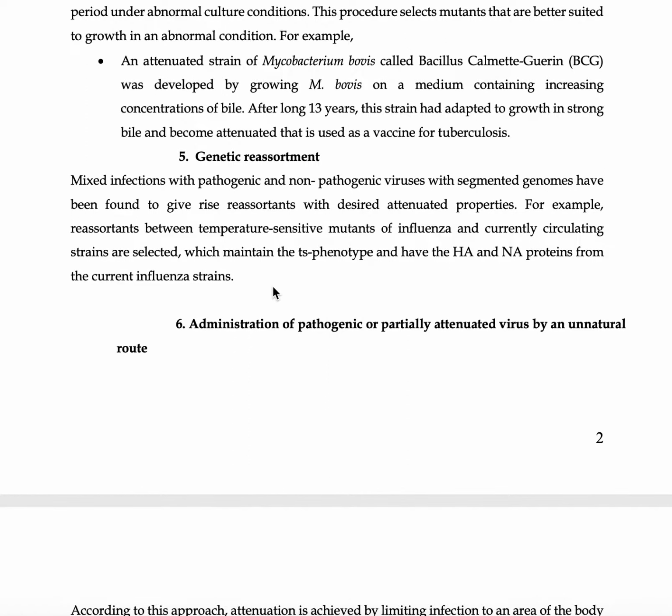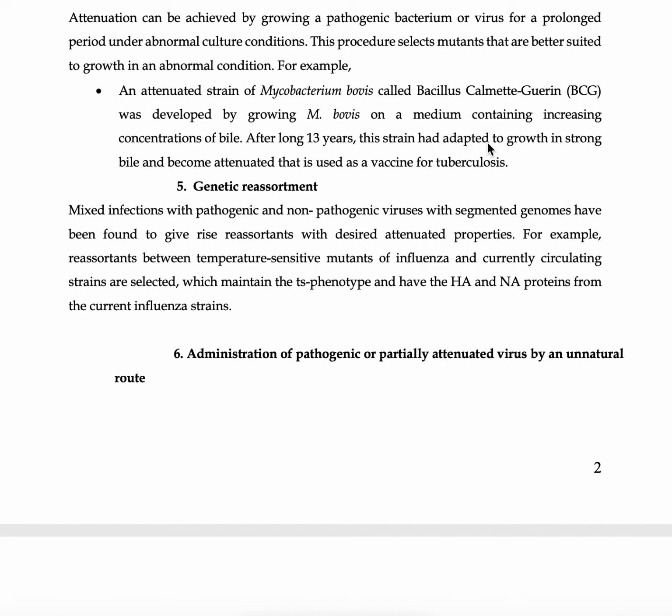So what do we do in this approach, genetic reassortment? In the genetic reassortment process, mixed infections with pathogenic and non-pathogenic viruses with segmented genomes have been found to give rise to reassortants with desired attenuated properties.